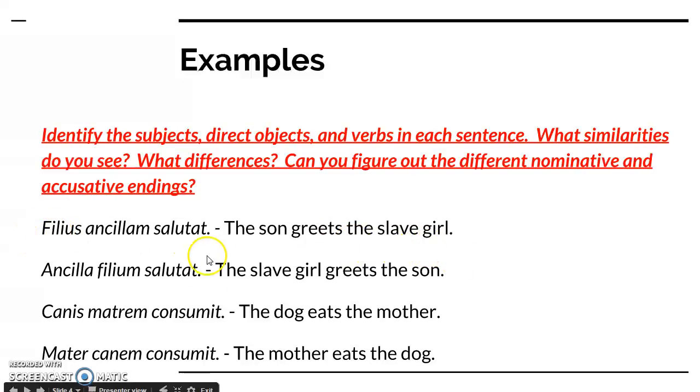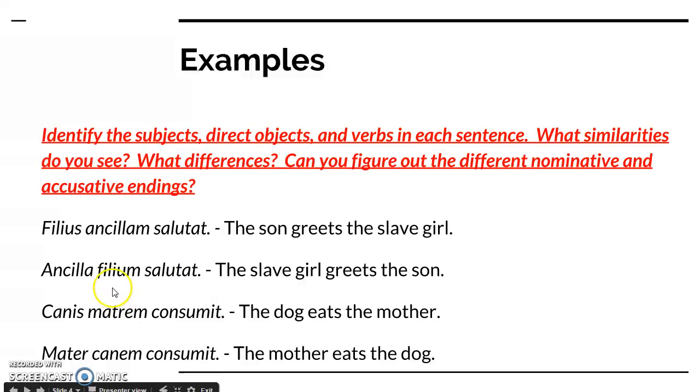Notice that the son, filius, that's the US ending. We have ancillam, slave girl, and greets. So we have the subject, the direct object, and the verb. Down here, notice how when we flip the sentence in English, the slave girl greets the son, and we have ancilla, filium, salutat.